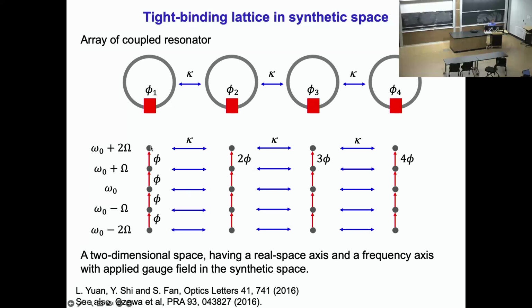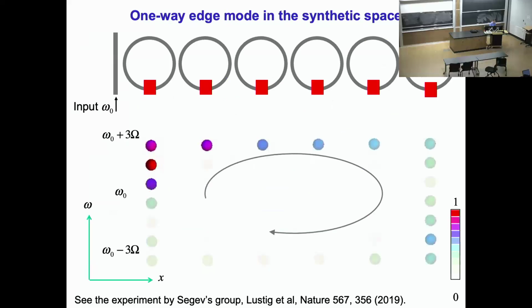And then if you spatially change the modulation phase, then you implement this Landau gauge of a uniform magnetic field, so that gives you a magnetic field. Consequently, this system actually supports a one-way edge mode. If you excite the first ring at a frequency here, then it will go around the edge until it reaches a frequency boundary, at which point it's going to propagate across the array spatially to the other side, and then the frequency is going to downshift.